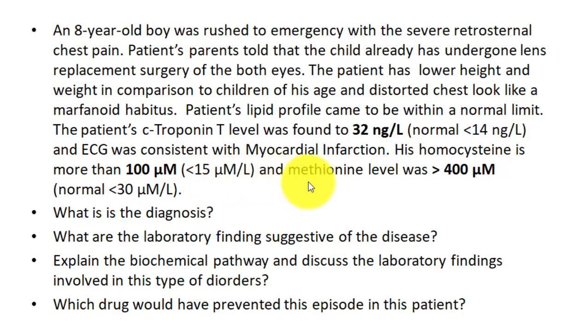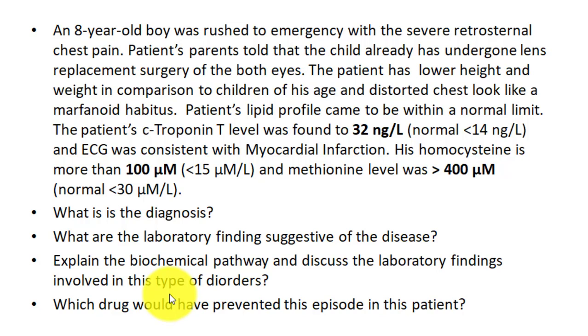Methionine level was also very high, 400 micromole per liter, and normal is less than 30. So what is the diagnosis? What are the laboratory findings suggestive of the disease? And then explain the biochemical pathway and discuss the laboratory findings involved in this type of disorder.